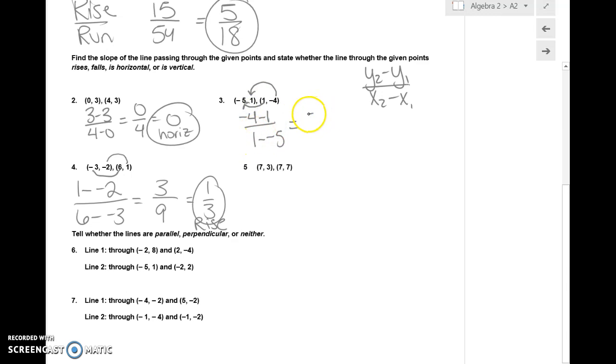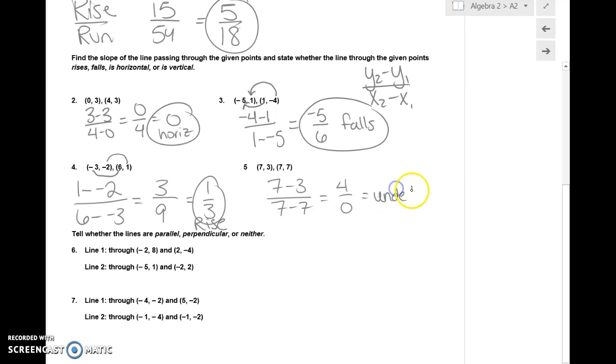That gives us negative 5 over 6. That is a negative slope, so that line falls. And our last one, 7 minus 3 over 7 minus 7. 4 divided by 0, which is undefined, and that is a vertical line.